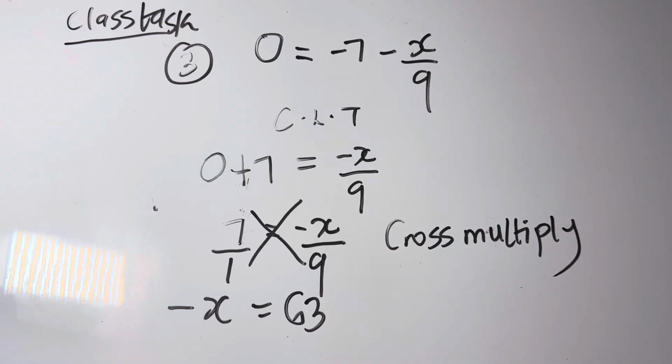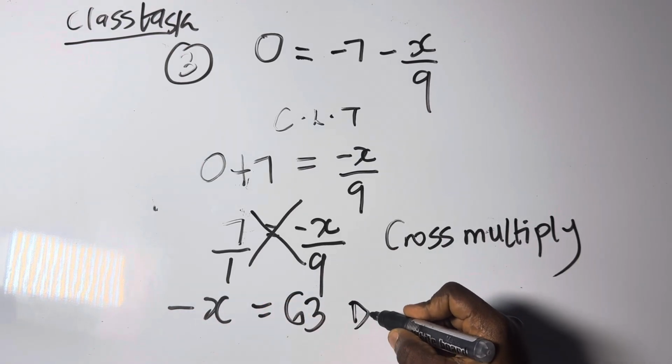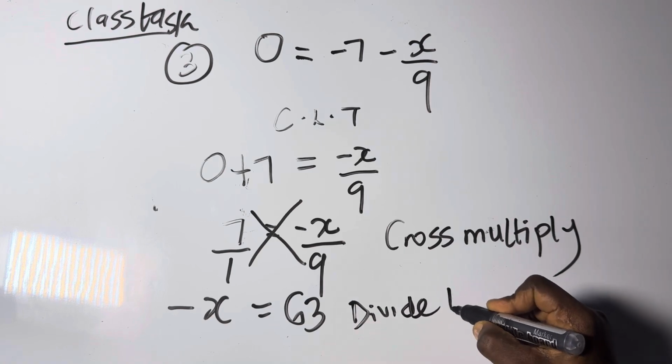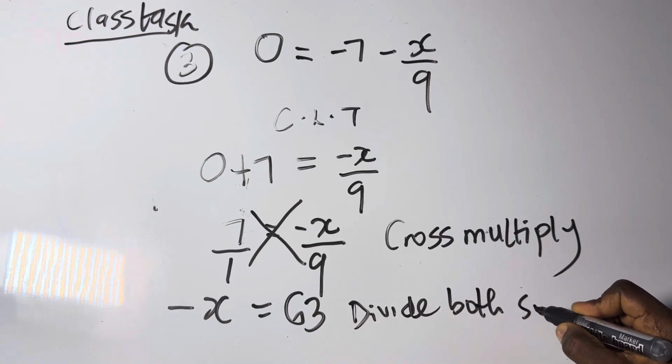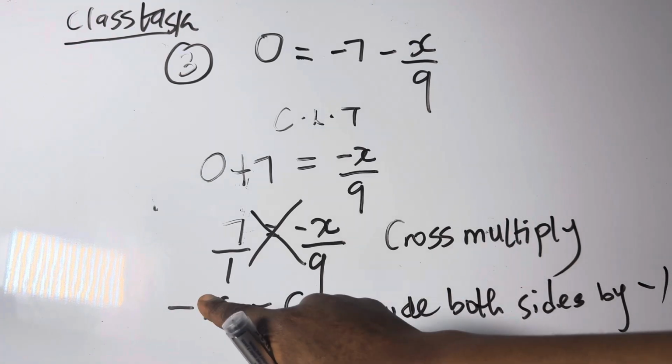So after doing that, I'm going to divide both sides by a minus 1 because the coefficient of this x here is 1.